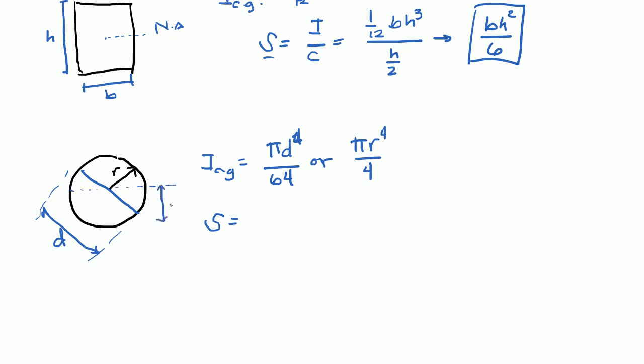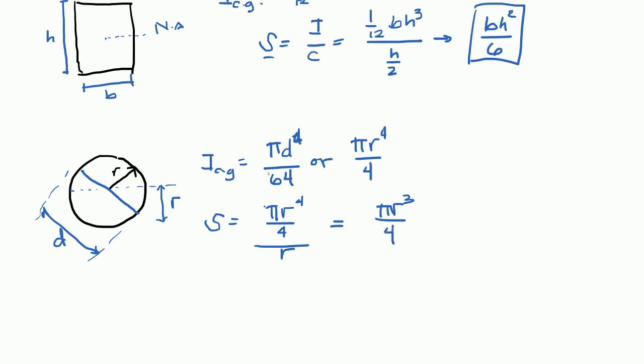Now, yung section modulus niyan, of course, kung ito ang neutral axis mo, the extreme fiber will be at a distance r. So, in terms of the radius, this would be pi r to the fourth over 4 divided by the extreme fiber r. So, this becomes pi r cubed over 4.